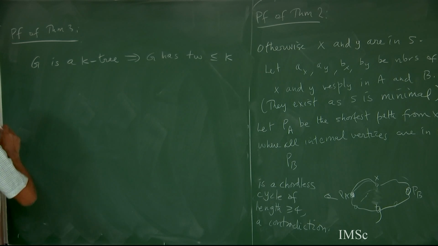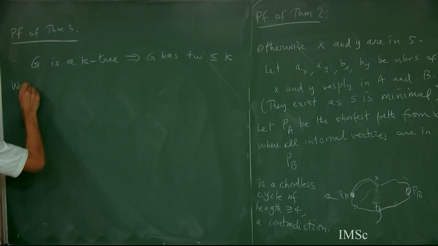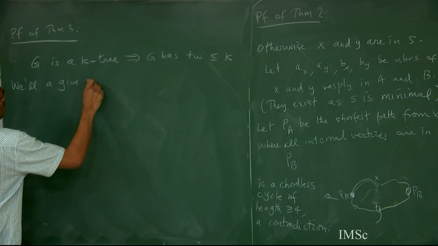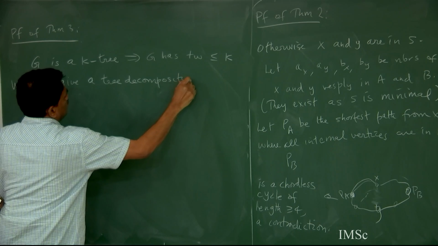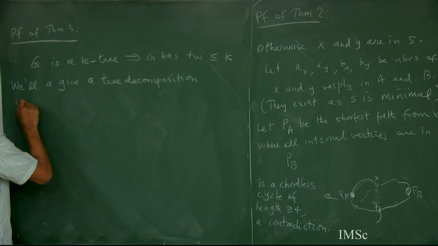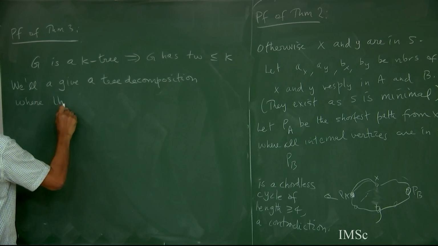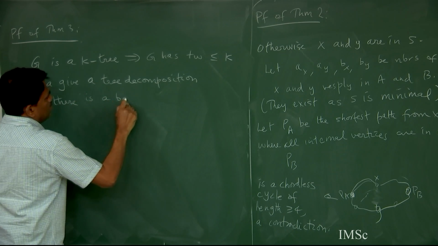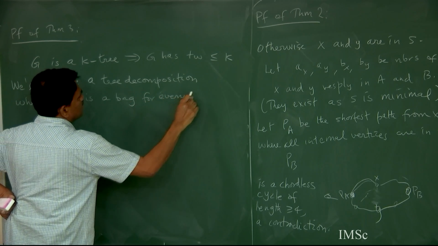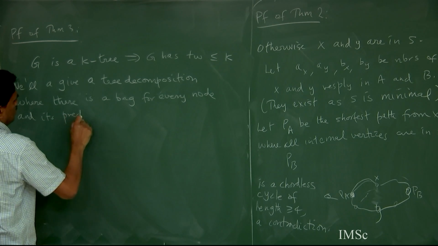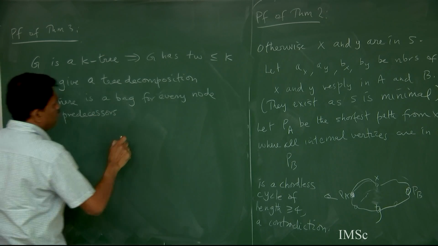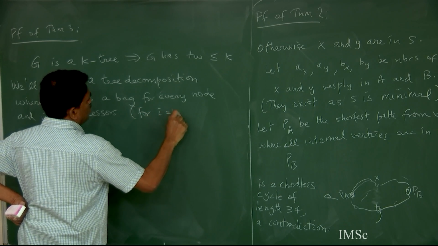Okay, so why is this? Right? So, we will give a tree decomposition where there is a bag for every node and its predecessors, for i equal to k plus 1 to n.